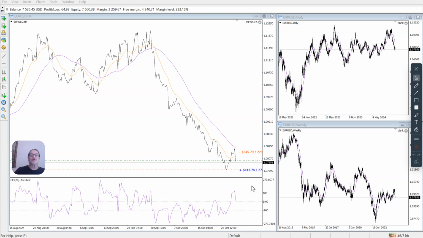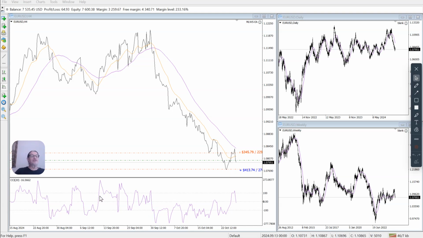Practical, not so good. The premise of the CCI is that when we are in overbought territory, above the 100, we need to look for a possible sell opportunity, and when we are in the oversold territory, minus 100, we should start looking for a buy opportunity.